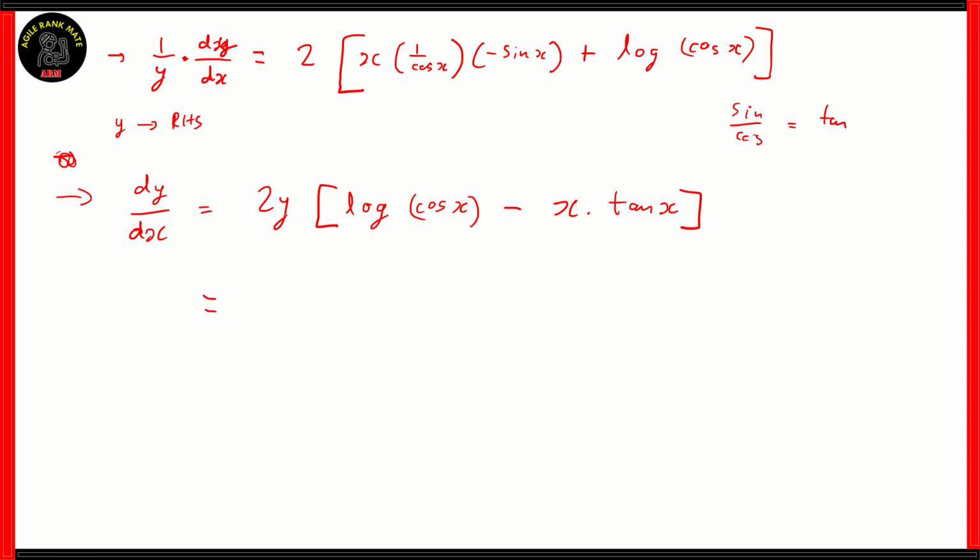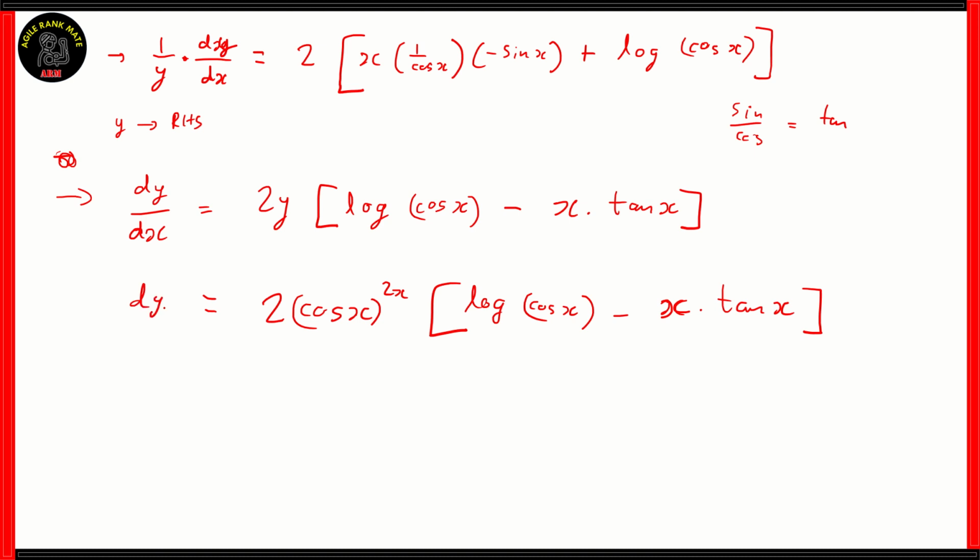Now, we can't just leave y on the right-hand side. We would need to expand it in terms of x. Luckily, we know what y is, so all we have to do is substitute y. So what we get is 2 cos x raised to 2x times, in the square bracket, log of cos x minus x times tangent of x.